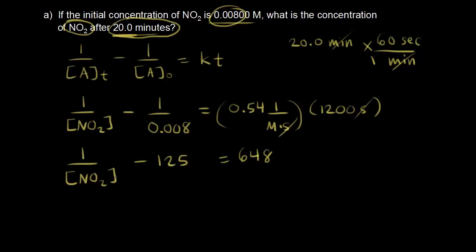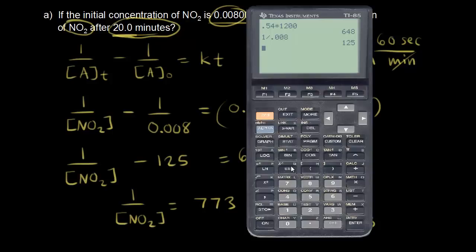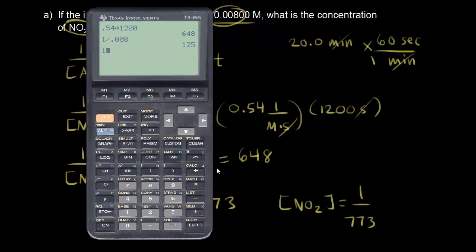All right, so now, of course, we're just solving for the concentration of nitrogen dioxide. So 1 over the concentration of NO2 is equal to 648 plus 125. And that, of course, is 773. So to solve for the concentration of nitrogen dioxide, that would be 1 over 773. So let's get our calculator out, and let's do 1 divided by 773.